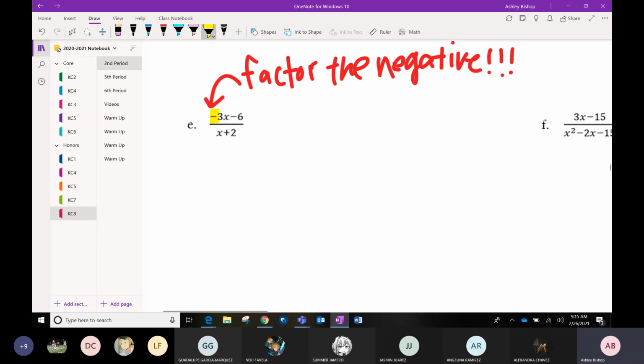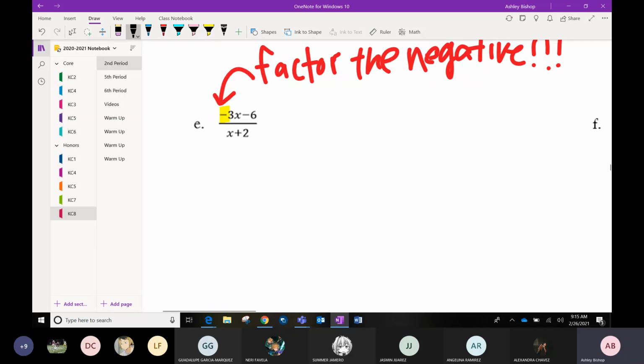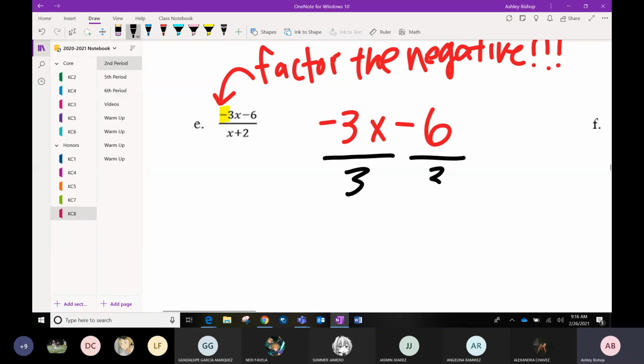So sometimes I have here -3x minus 6. I want to get rid of that negative. So I'm going to notice I have -3x minus 6. Let me write that over here. -3x minus 6. I hope you agree with me that I can take out a greatest common factor of 3 from both of these things.